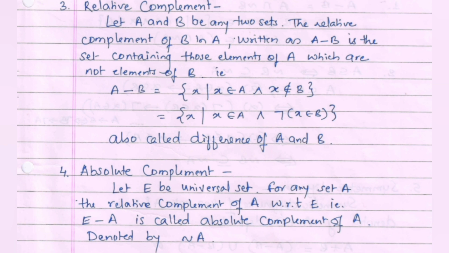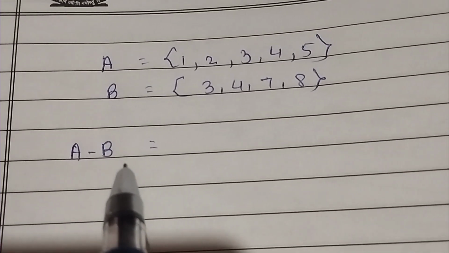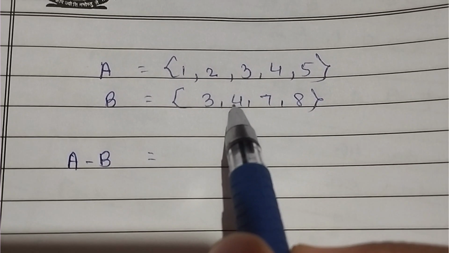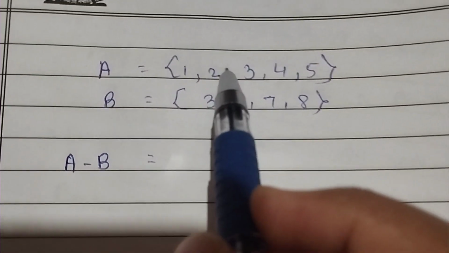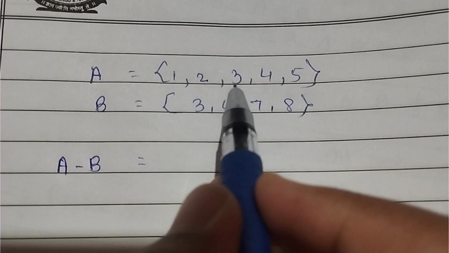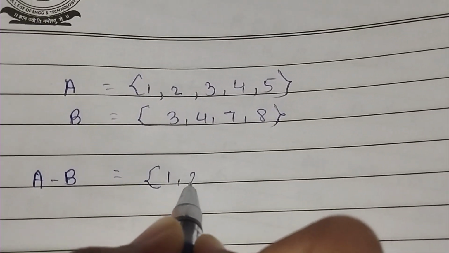Next is relative complement. Let A and B be any two sets. The relative complement of B in A, written as A minus B, meaning A relative complement B, is the set containing those elements of A which are not elements of B. Suppose these two sets are given, A and B, then A minus B is the elements of A which are not present in B. Separate B's elements from A and write the remaining elements of A. Here 3 and 4 are present in B also, so excluding 3 and 4, the remaining elements are A minus B: 1, 2 and 5.